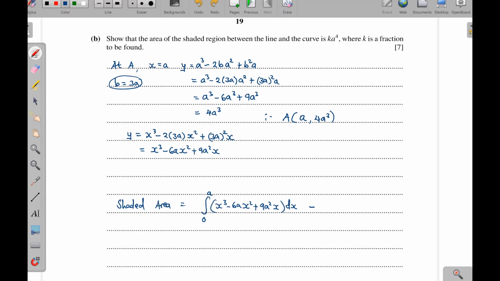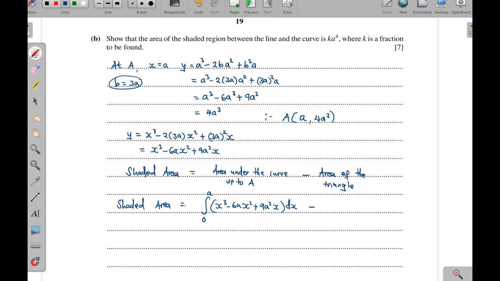So the shaded area is equal to the area under the curve up to a, then minus the area of the triangle.